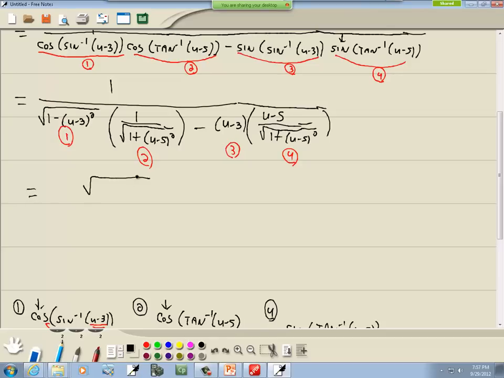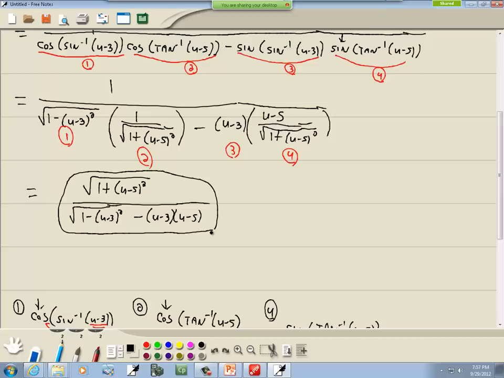So we'd have square root of 1 plus u minus 5 squared over, and this would cancel away, so we got square root of 1 minus u minus 3 squared minus u minus 3 times u minus 5. And I'm going to stop right there since I'm about out of space anyway, but we'll leave that as our answer.